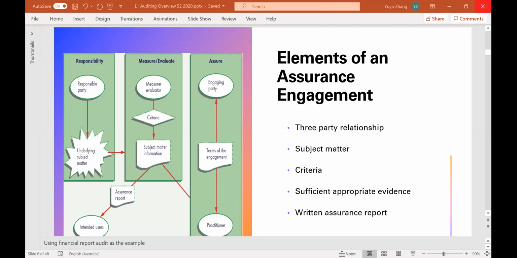So what is the criteria for auditing or assurance services? If it is an audit, auditing standards will be the criteria auditors use to conduct the audit. And also the auditors will refer to the accounting standards, which are the criteria for financial reporting. So the criteria will be the financial reporting framework, the accounting standards, and also the auditing standards.